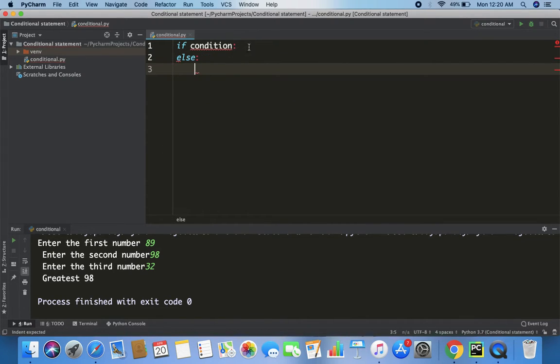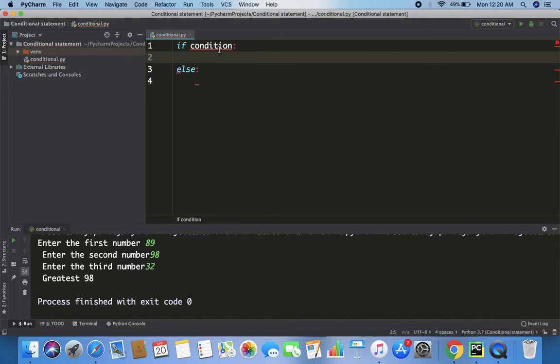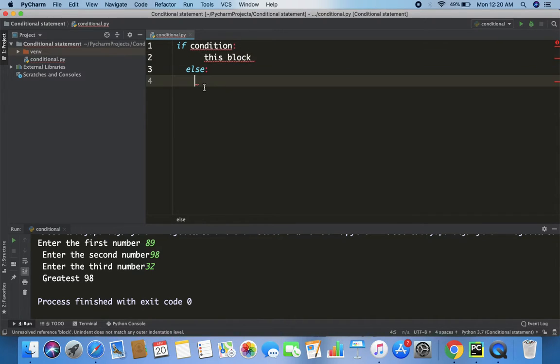The nature goes like this: if the condition is true, then this block of the code will be executed, and if it is false, then this block of the code will be executed.